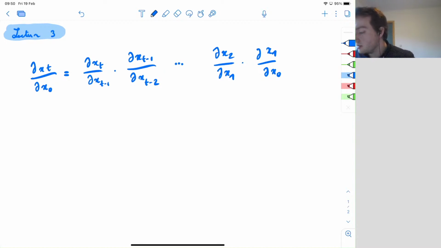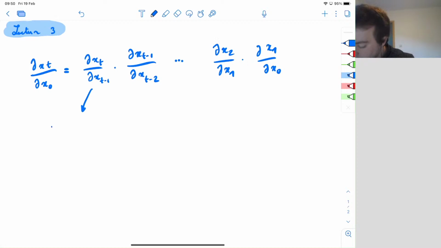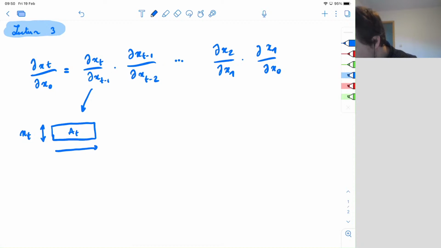Now you can view that as a product of matrices. So here what we would have is, for example, a matrix that I will denote by At, which has a number of rows which corresponds to nt. So remember, nt is the dimension of the variable xt, and which has a number of columns which is equal to nt minus 1. Right?